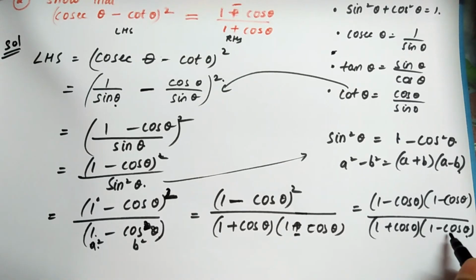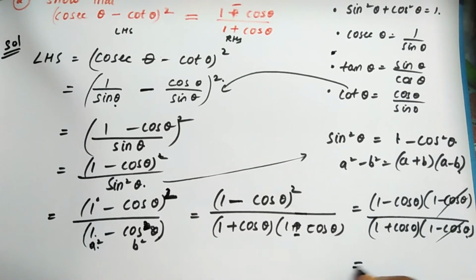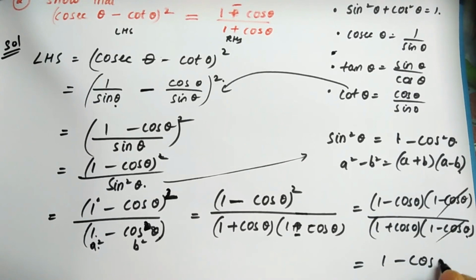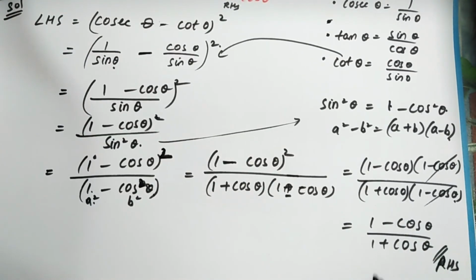So 1 minus cos theta and 1 minus cos theta cancel. What is left over is 1 minus cos theta in the numerator and 1 plus cos theta in the denominator. Isn't it the RHS? Yes, we proved it. Hence proved.